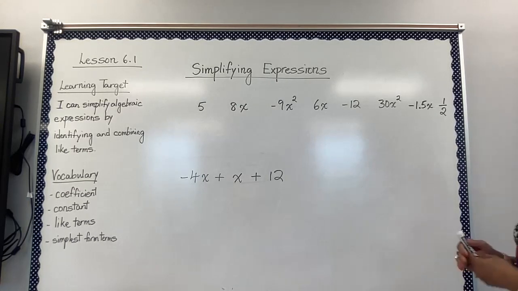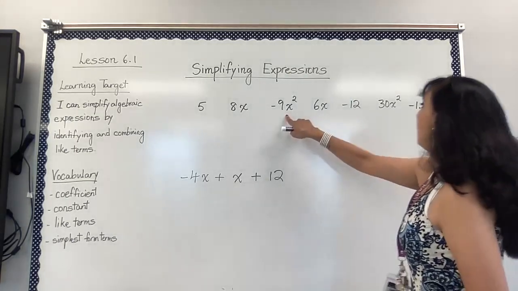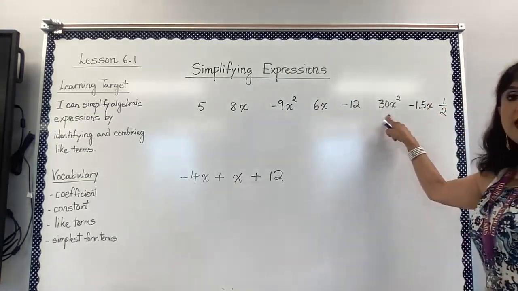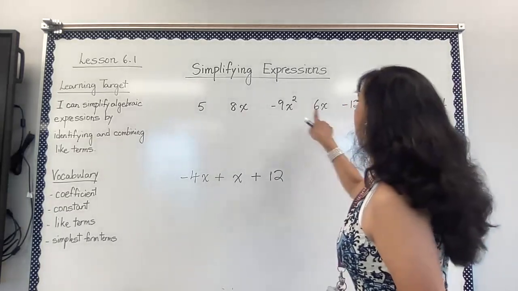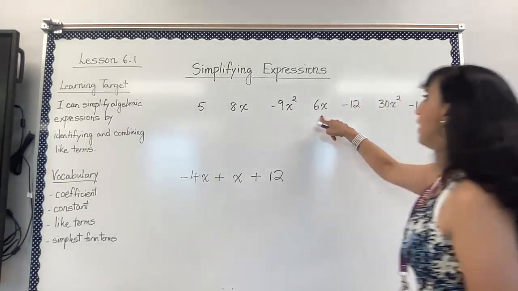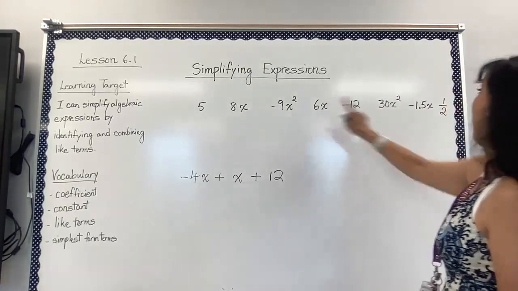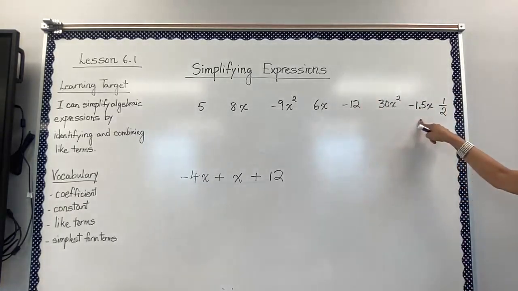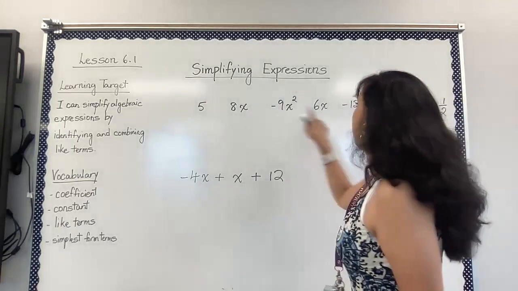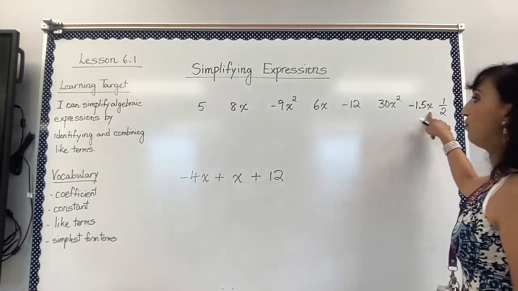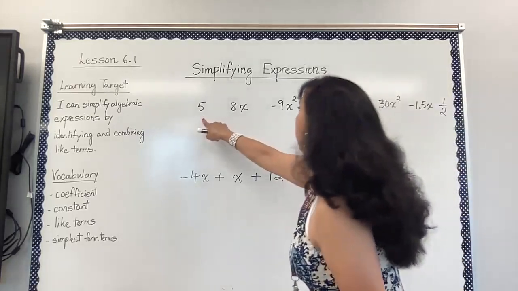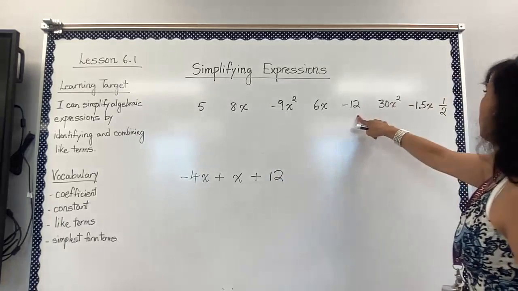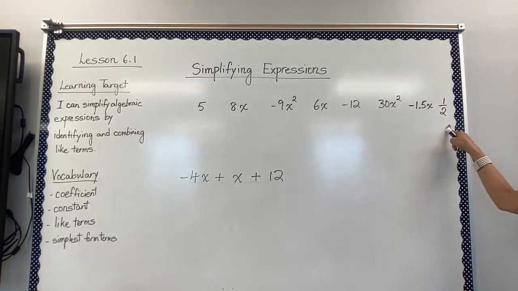So if I look over here, this one and this one, these two are like terms. This one and this one, 8x and 6x, are like terms. And negative 1 and 5 tenths x. This also, because the variable is the same, x and x over here. Then if I look at numbers, I have 5, I have negative 12, and I have 1 half.